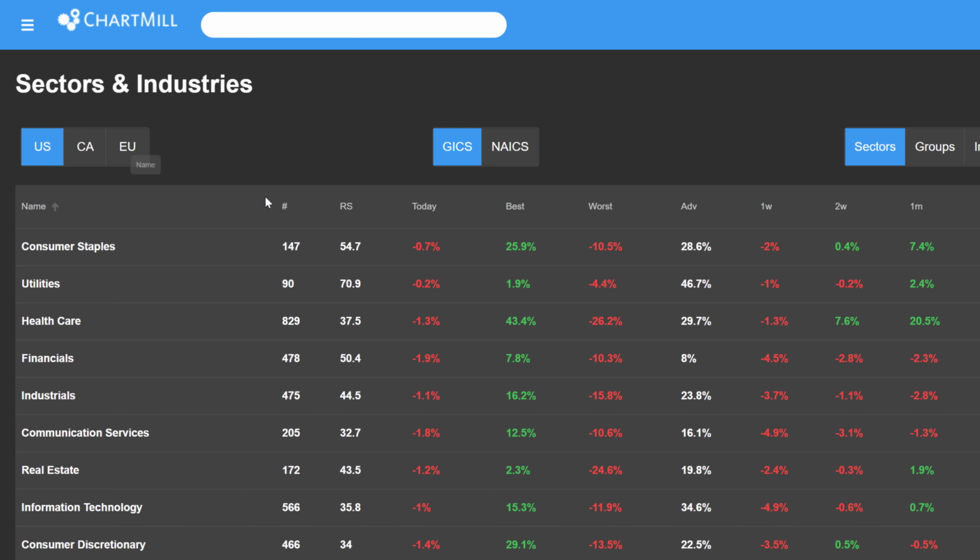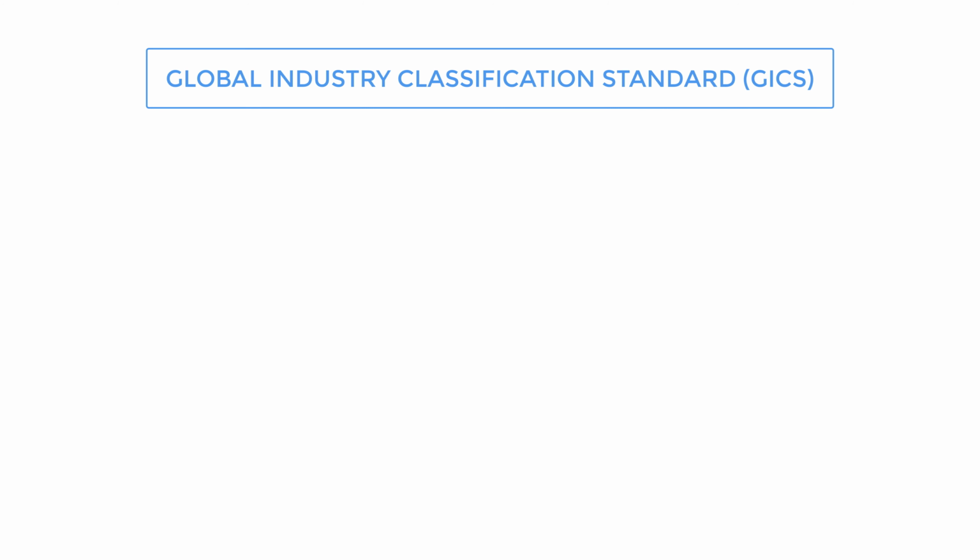Next you can make a choice between GICS or NAICS. GICS is the abbreviation for Global Industry Classification Standard, which is a classification of companies based on sectors. In other words, it shows the sector in which the company operates.